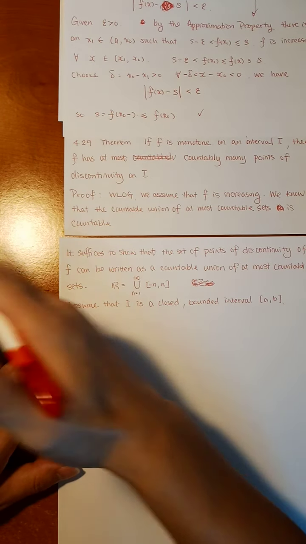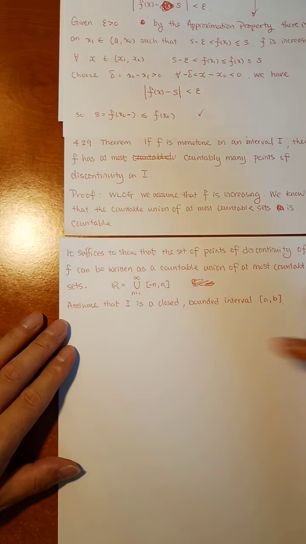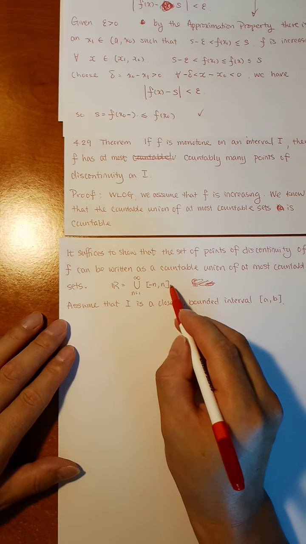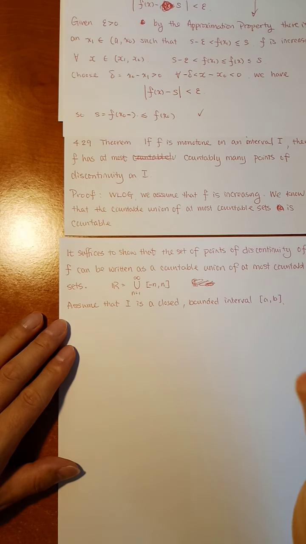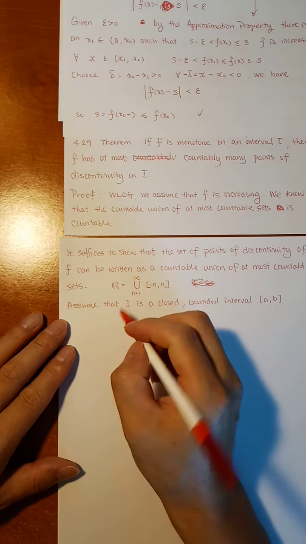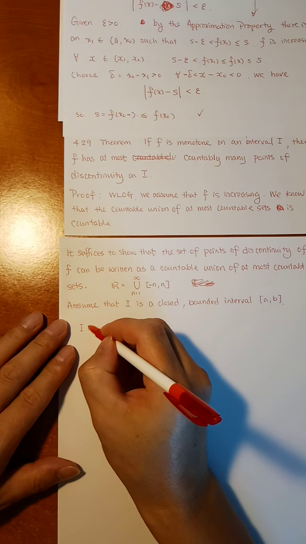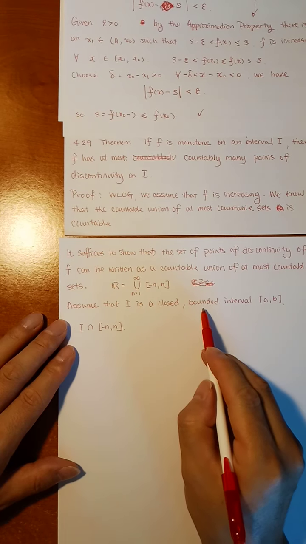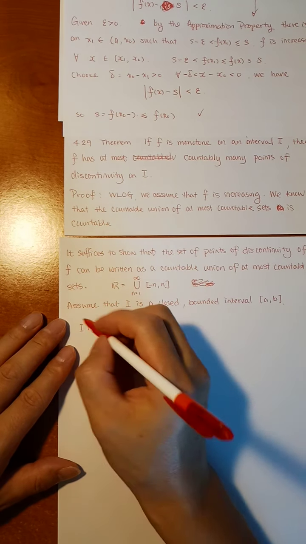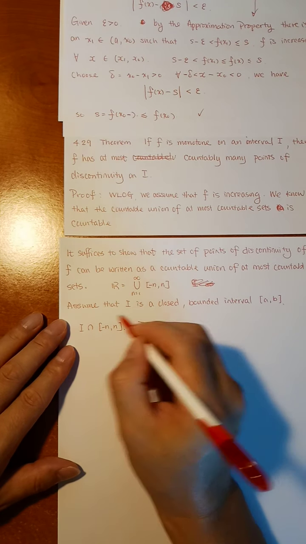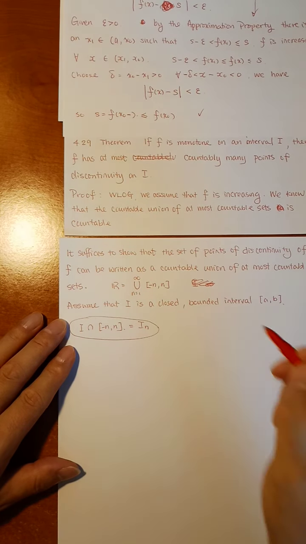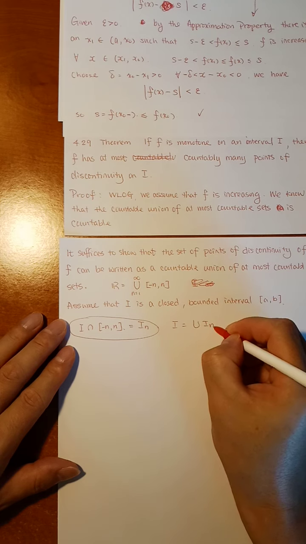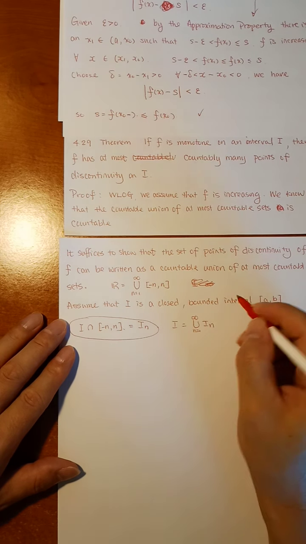Why can we assume it's a bounded closed interval? This I could be from negative infinity to positive infinity, the whole real line. But we always use the closed interval from negative n to positive n to intersect with I. So if you have a general I, you get the intersection, which is always a bounded set, and you can call this I sub n. Then I is the union of all I sub n, a countable union.